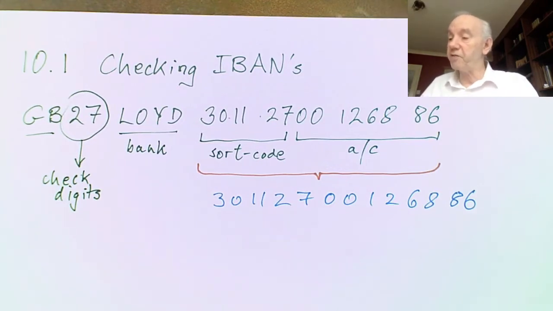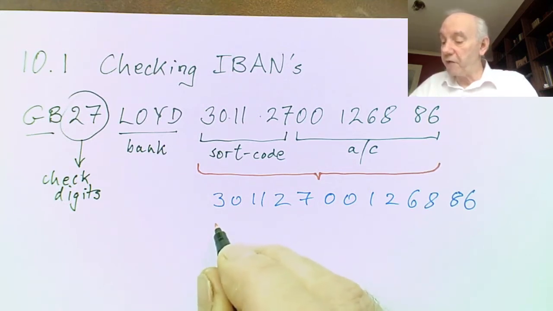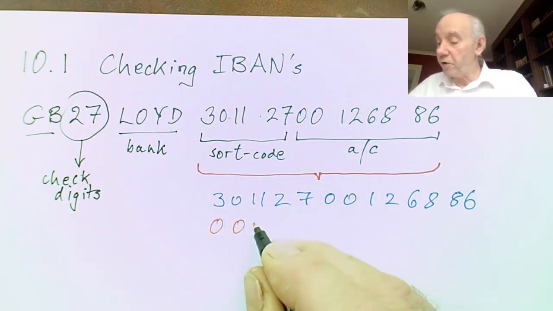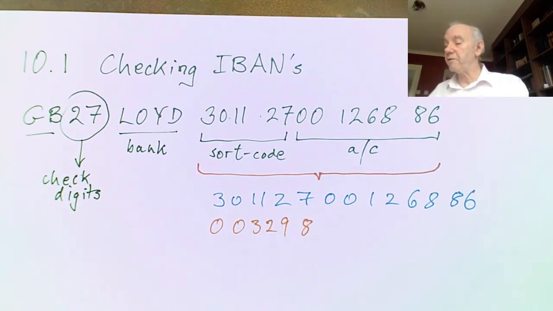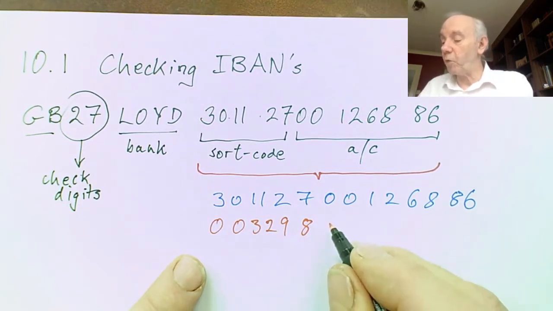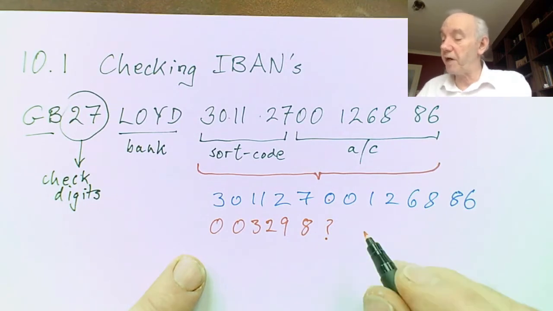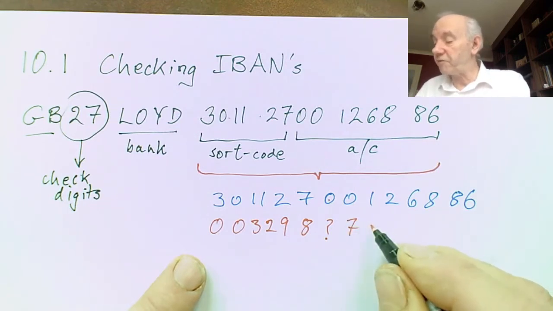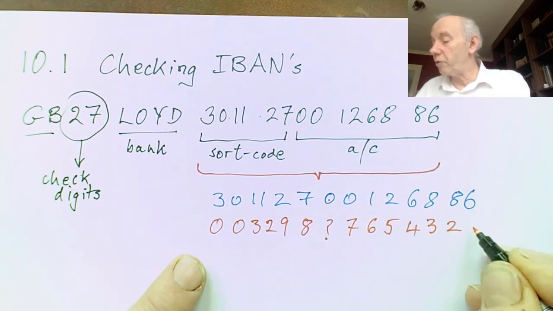And it turns out that in this setup, these are weighted by coefficients 0, 3, 2, 9, 8, and that's really what Lloyds Bank has chosen. And then there's some weight here that depends on this number here, but here it's 0, so we don't care about it. And then the weights just go 7, 6, 5, 4, 3, 2, 1.